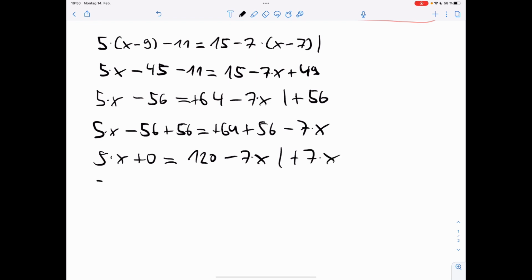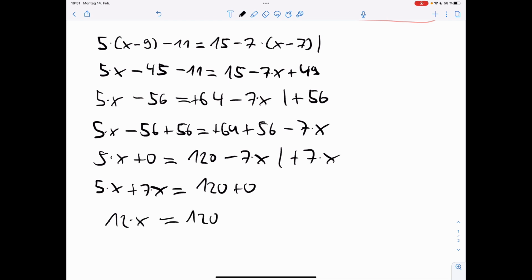And now we have 5 times x plus 7 times x. We leave the 0 out. 120 plus 0. And now we can calculate again this here. So we have 12 times x equals 120.